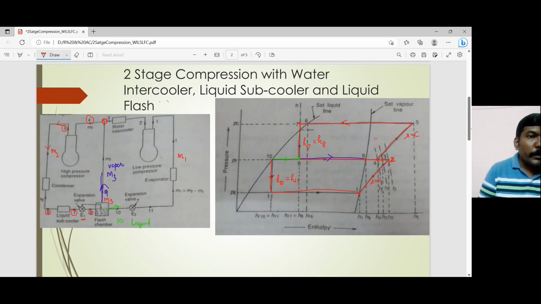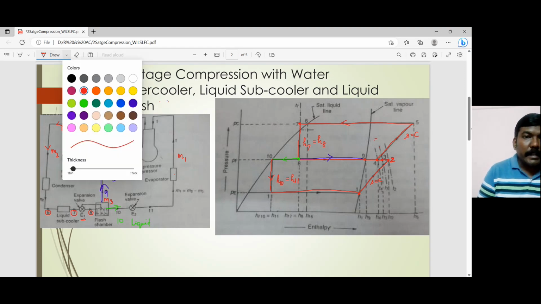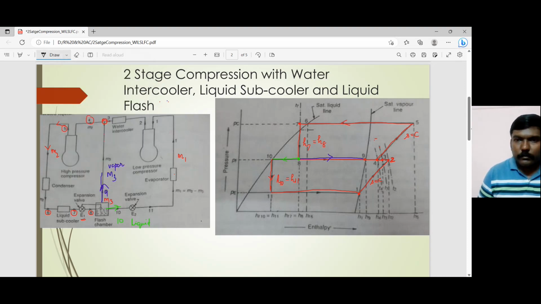Let me show it with some other color, say black. This line which they have shown that passes through 3 is your constant temperature line T3. This is your constant temperature line T4.